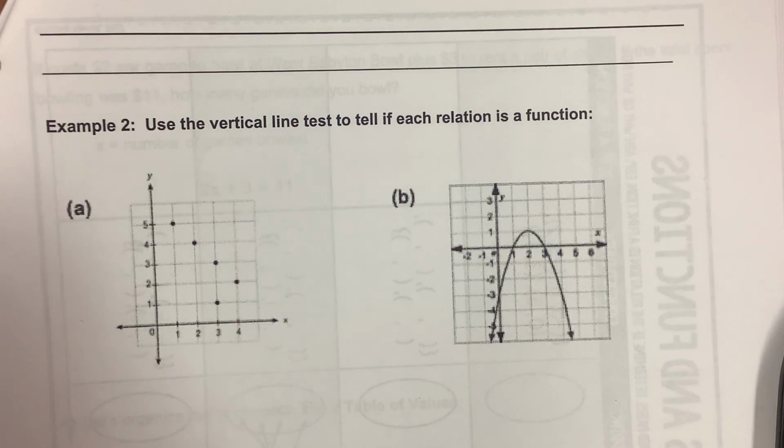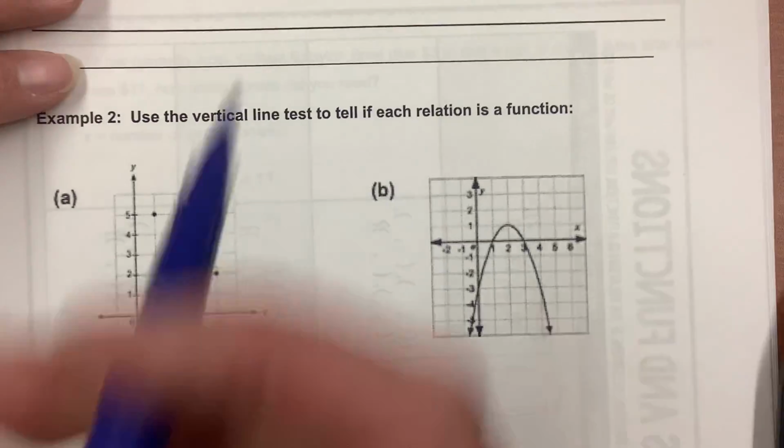So the vertical line test says, I'm going to write it in blue. Here we go.